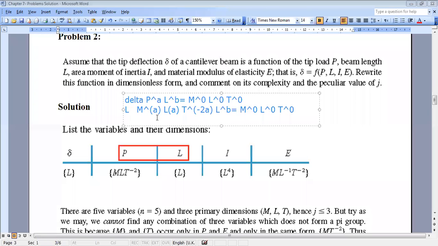Okay, now if you do comparison of your terms, for L, I have 1 plus A plus B, and for M, I have only A, and for T, I have only minus 2A, equals, from the other side, M0, L0, T0.